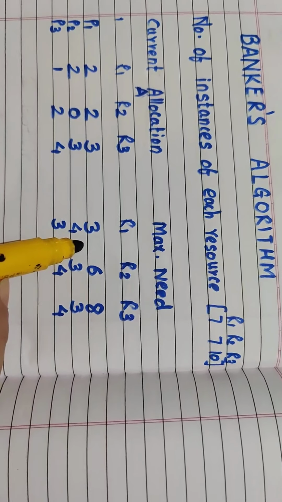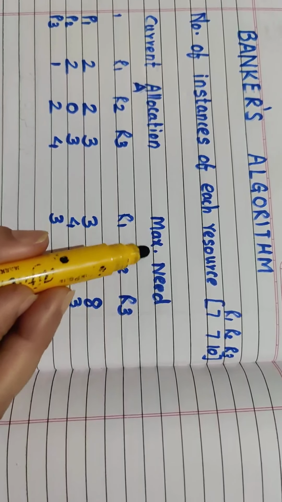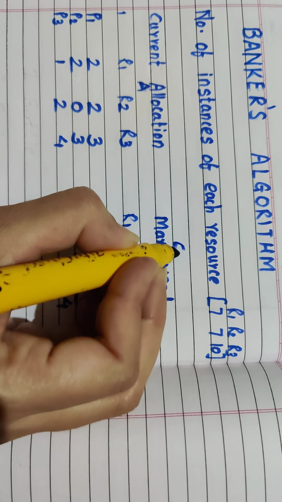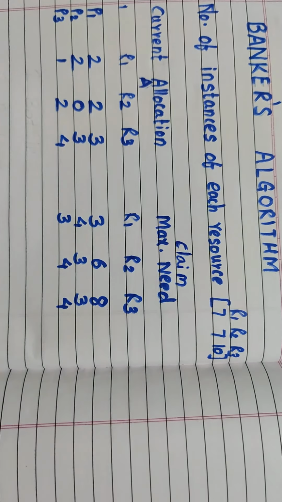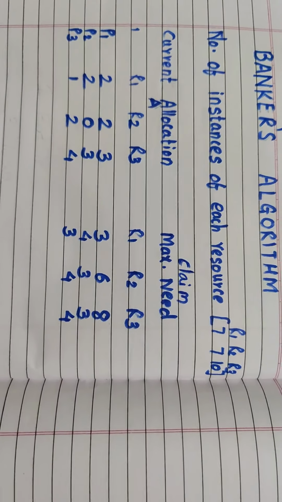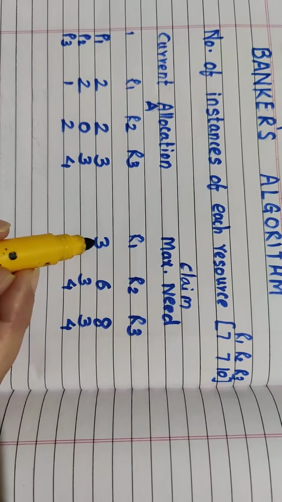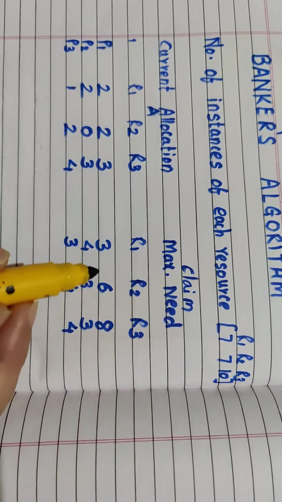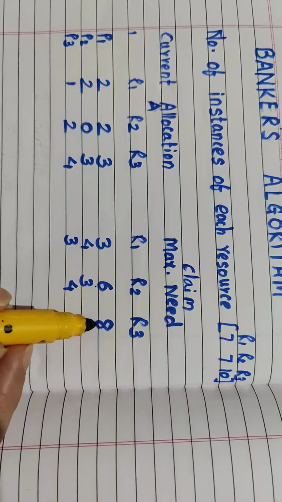Now the next matrix is the max need matrix or the maximum required matrix, which is also called the claim matrix, or max claim matrix. Max claim matrix means for execution of P1 it requires 3 instances of R1, 6 instances of R2, and 8 instances of R3.